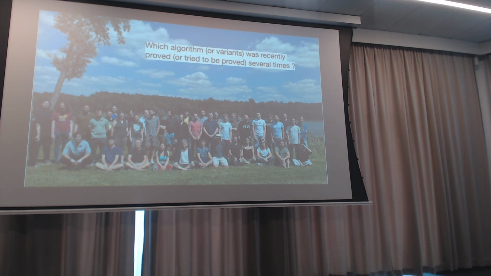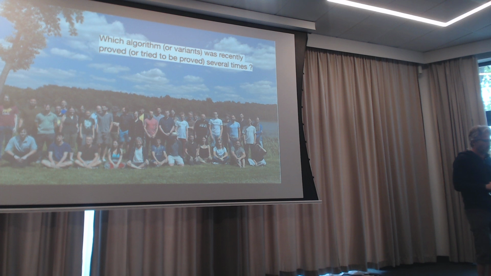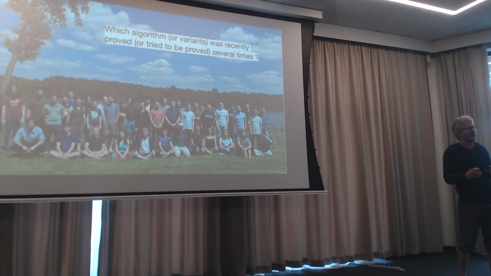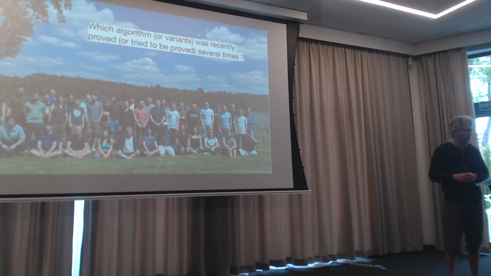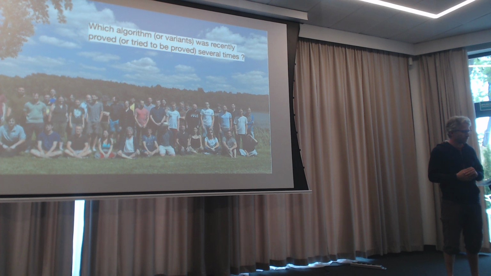So I put this picture because I would like to say that among those people, several of them, me included, I was working on an algorithm, it is the KLM algorithm, decomposition algorithm. So Roland presented an algorithm based on the KLM decomposition.